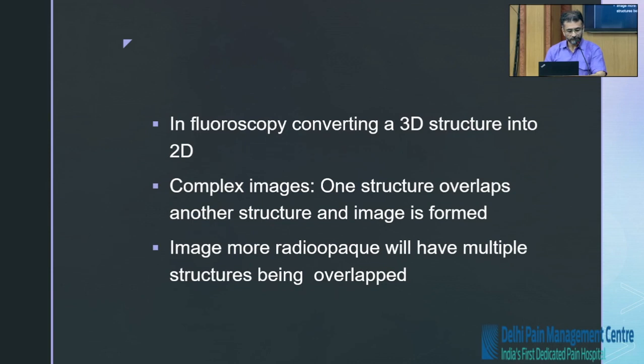Third thing is, structures which have multiple structures behind them will be more radio opaque. This is common. Therefore, in the spine, there are two structures which will be most radio opaque: the pedicle and the spinous process.